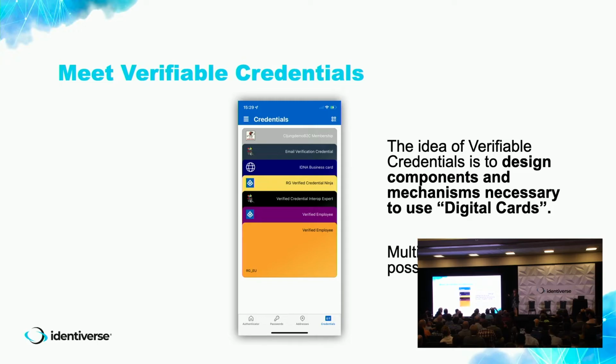This is why I started by saying it's not only about the verifiable credentials data model, right? So we started by saying how conceptually this digital cards model is similar to this physical cards experience we are used to. And then we saw how there are some similarities architecturally with the federated identity model we're so familiar with, but there are important differences which enable these new interactions, new user experience.